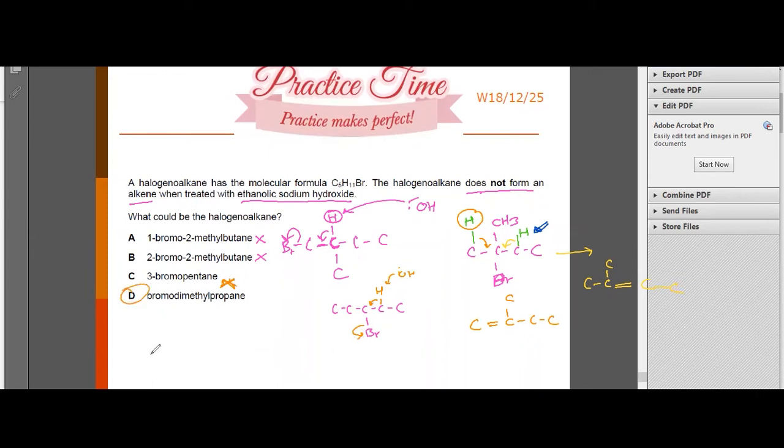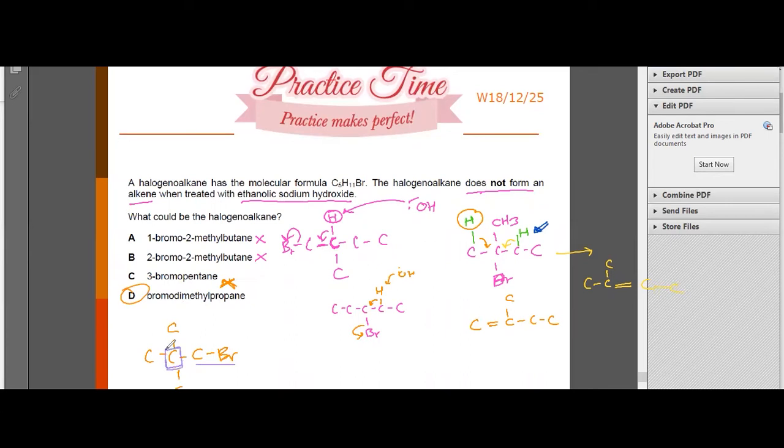So let's check why. Bromo dimethylpropane. Look here. Do we have hydrogen at the adjacent C of the CBr? This is CBr, so the adjacent C would be here.